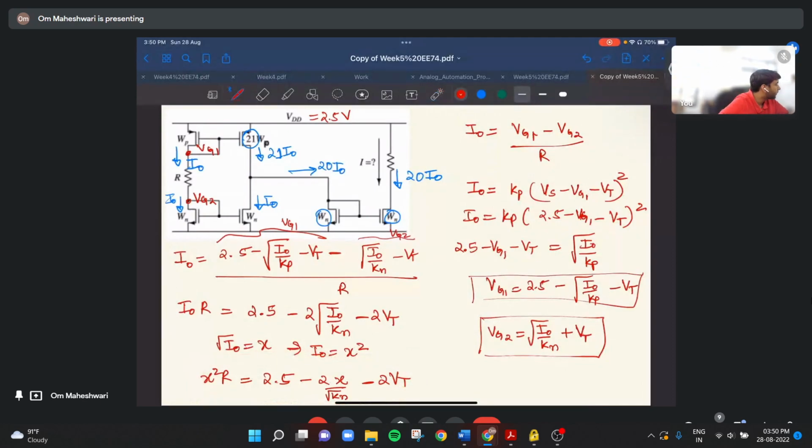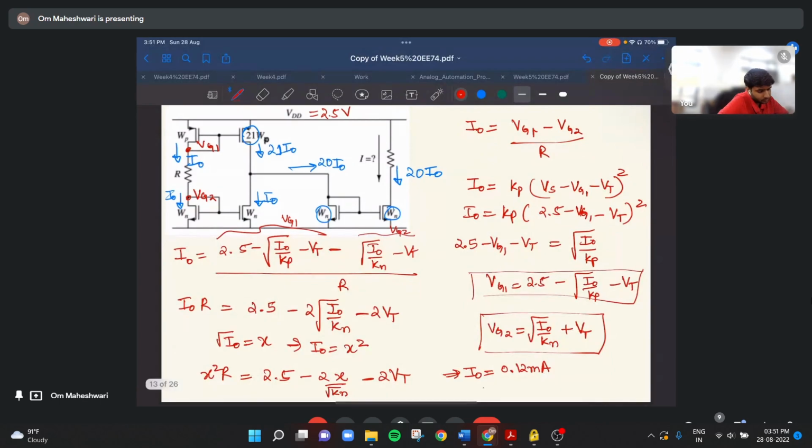If I put the values and solve it, I will get I naught equals 0.12 milliampere, and the current that we have to find will be 2.558 milliampere.